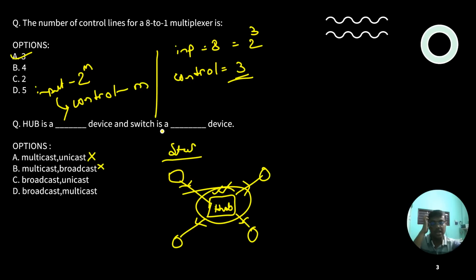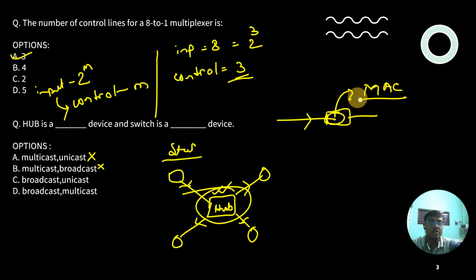Now we need to see which kind of device is a switch. So as you know, a switch is one of a type of routing device. Switch is an intelligent device more specifically. So the data that is coming to the switch first decides what is the destination of that data using the MAC address. Now this MAC address is decided by the switch, and according to this MAC address, the recipient of the data receives the particular signal.